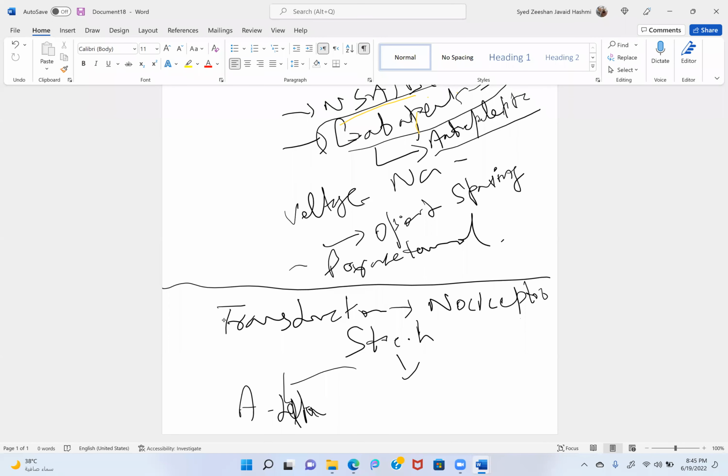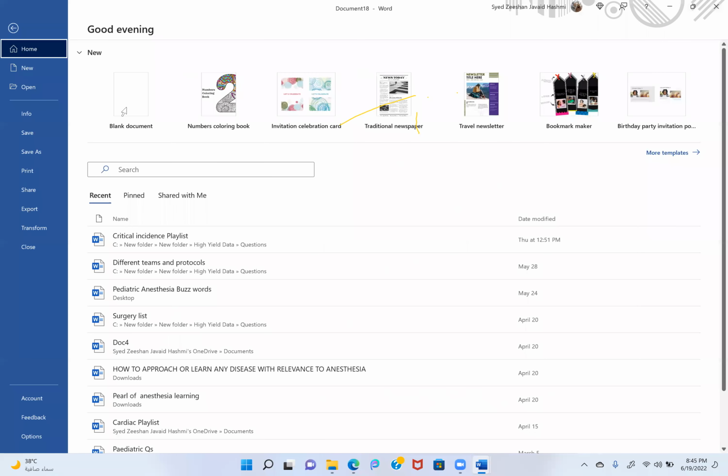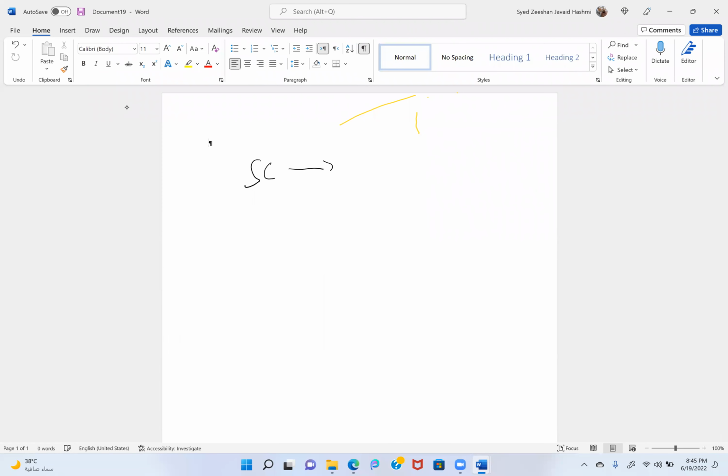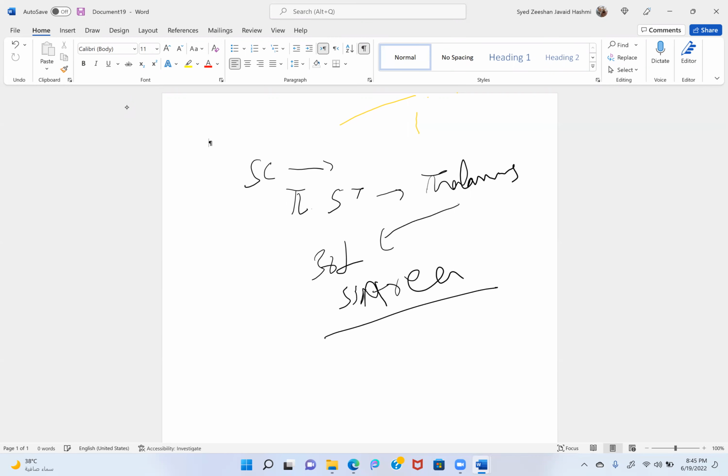Okay. So transduction and then transmission. We reach up to the first order neuron in the spinal cord, going to the other side, and then through the spinothalamic tract to the thalamus. And then from the thalamus to the third order neuron to the somatosensory area.